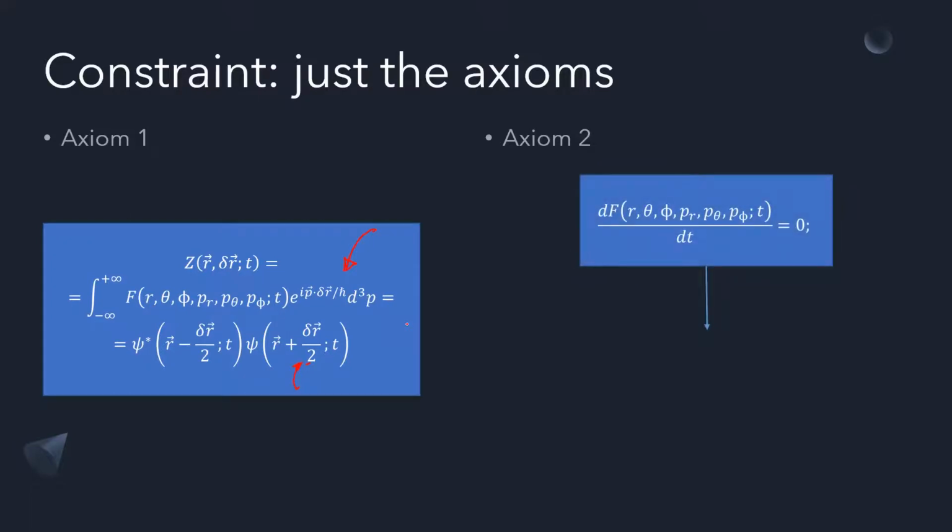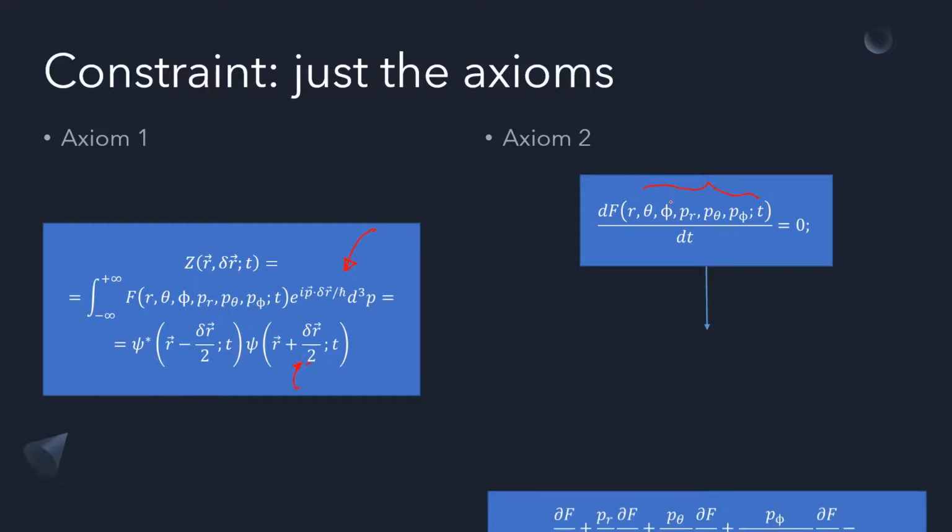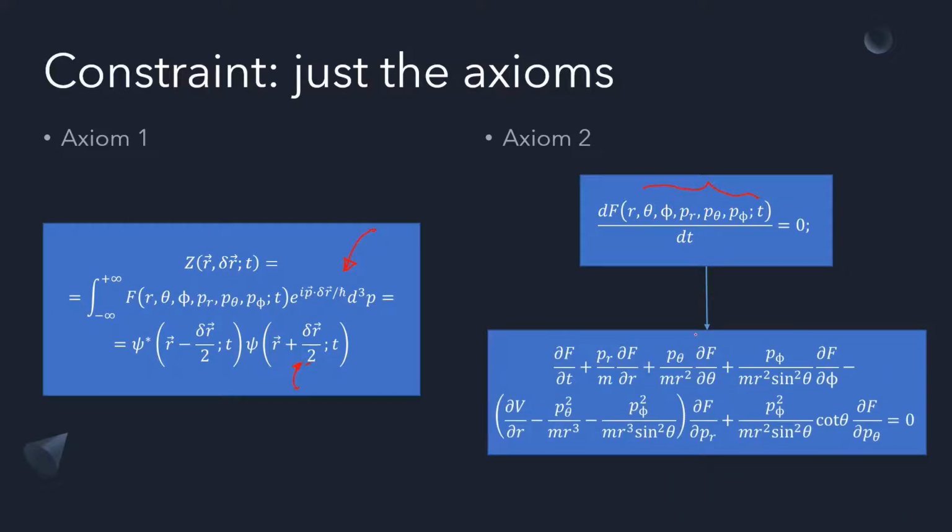The second axiom is the integrated Liouville equation, which is now written in terms of the desired coordinate system. If we do that, then this derivative must be written explicitly in terms of the new variables as in this expression here.